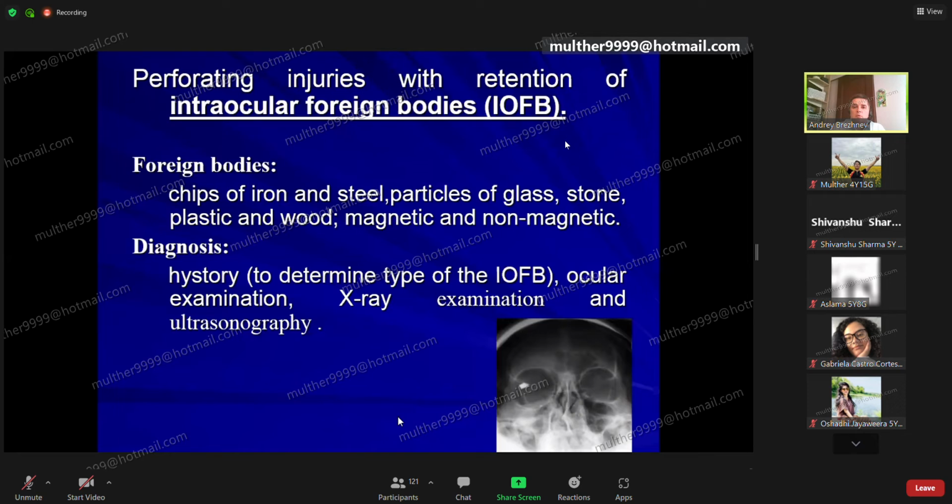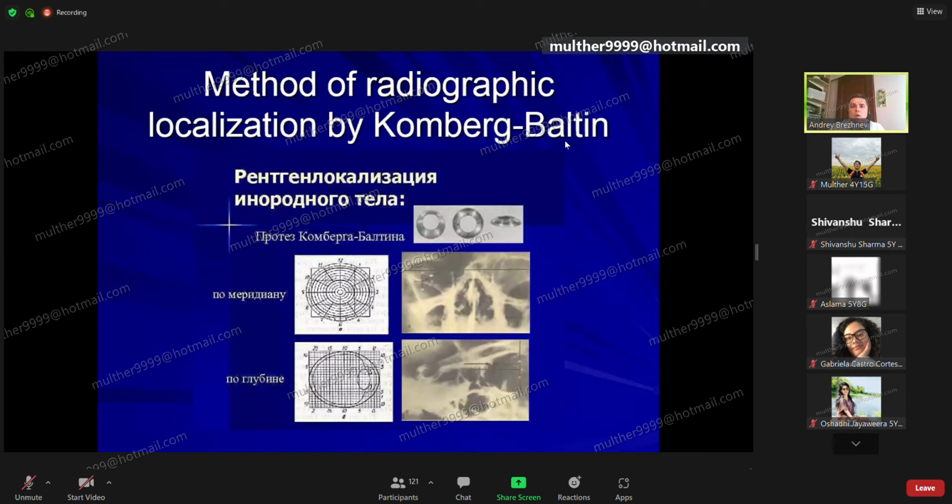For more thorough examination, we use special tests. In our country we use the Comberg-Baltin examination, when we make two X-ray examinations in two projections, anterior and lateral, and we use a special aluminum indicator.